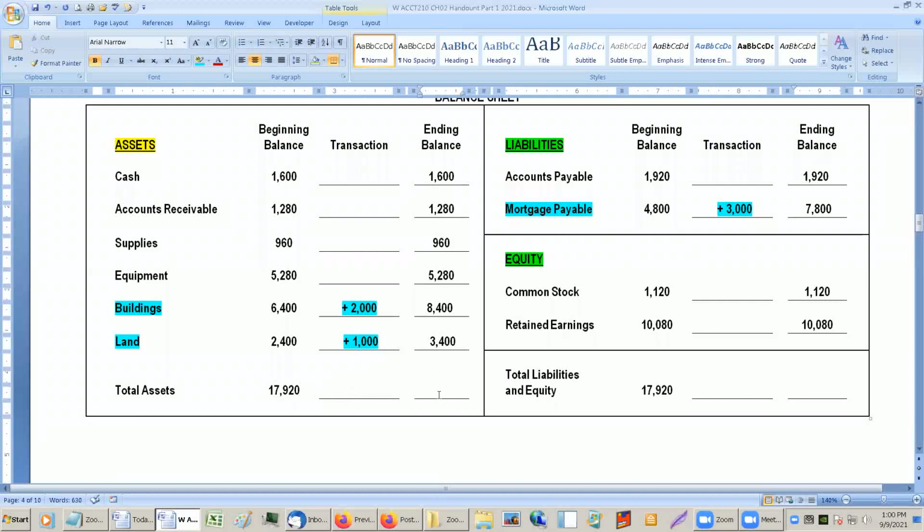I'll do it by hand just to make sure. $20,920. Yep. Adding 3,000 to it.